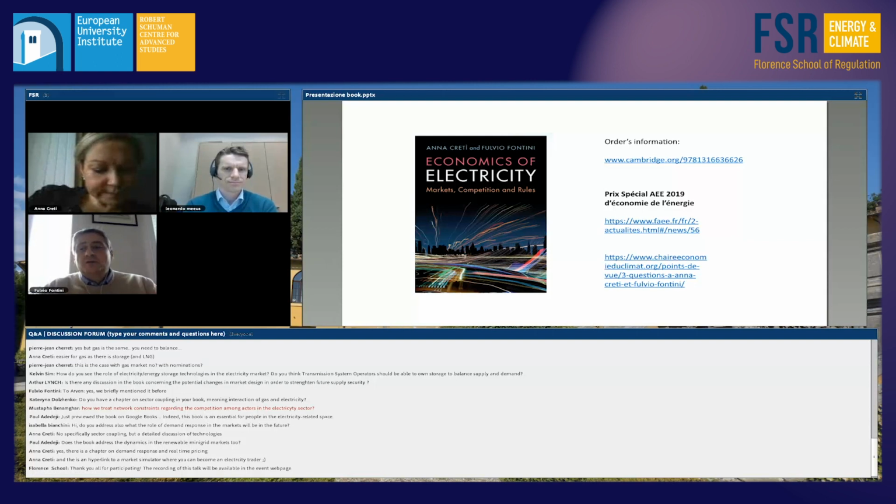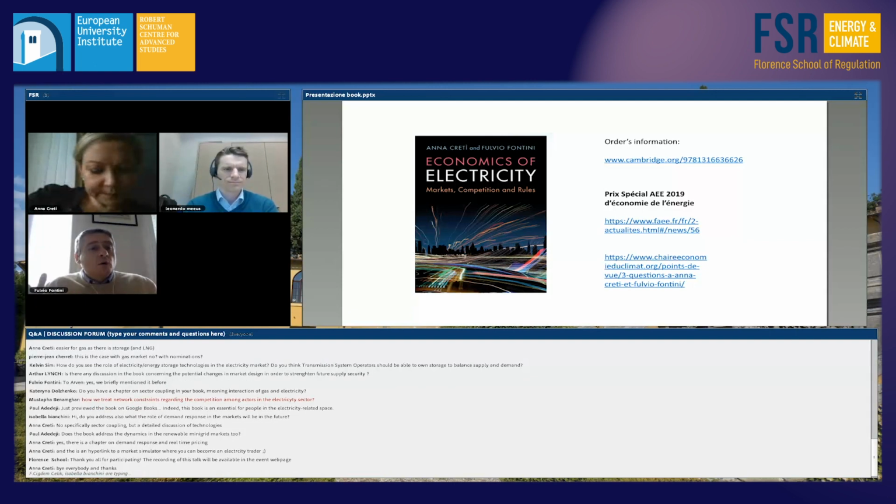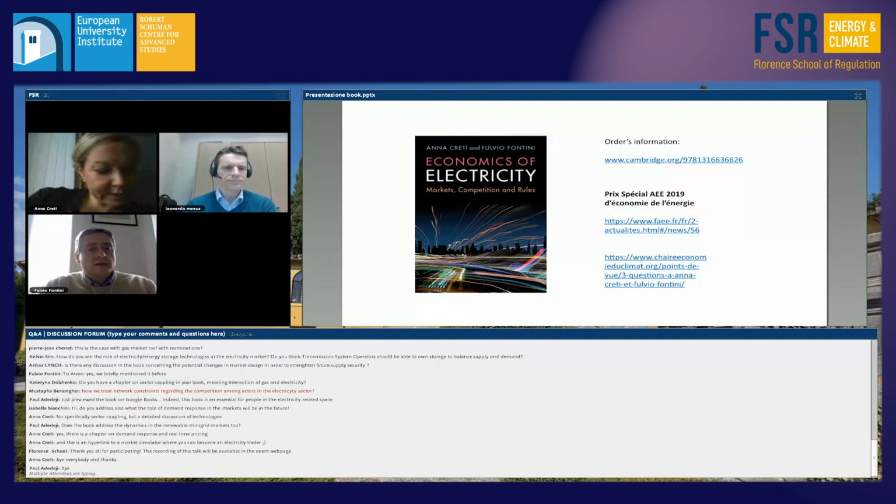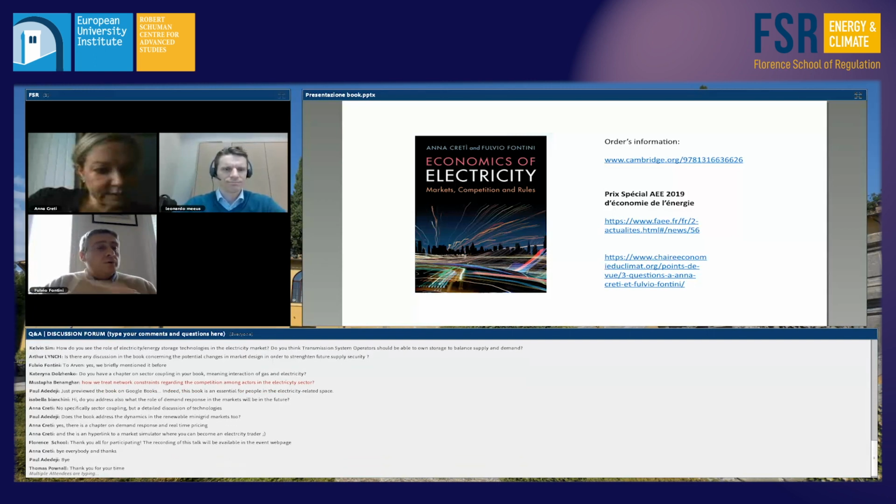So I think that one of the good things of the book is that it not only takes into account that in the world a lot of different economic settings exist for exchanging electricity, but also that it discusses all those components and the relationship between those components.